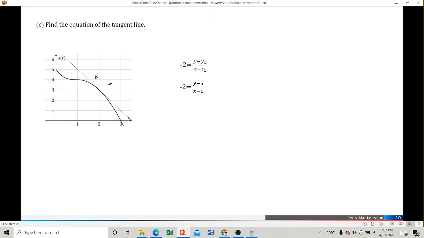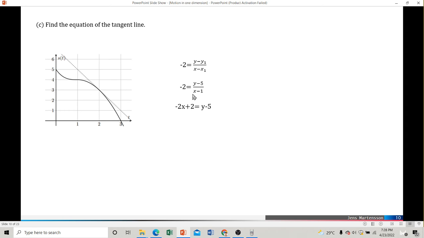It depends which point you use, as long as it is a point that intersects the line. So negative 2 equals y minus 5 over x minus 1.